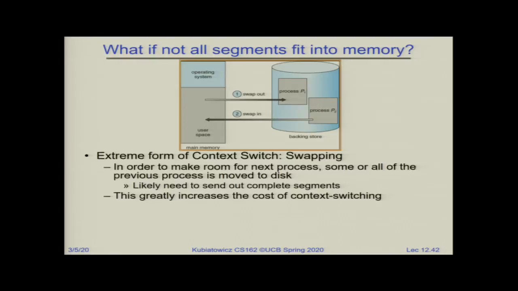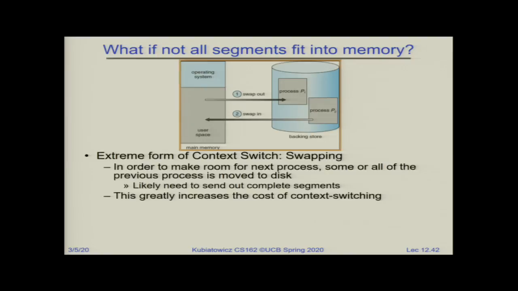So in the case of segmentation only, we're going to fix this as soon as we talk about paging. There aren't a lot of good options here. Either a segment's entirely in memory or it's not, because there's no way to have part of a segment. It doesn't make any sense to talk about part of a segment being in physical memory. And so what we actually talk about in this is called swapping, where we take whole segments, swap them out for process one, and maybe swap something back in.